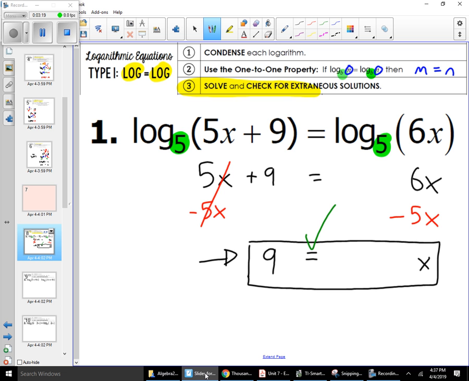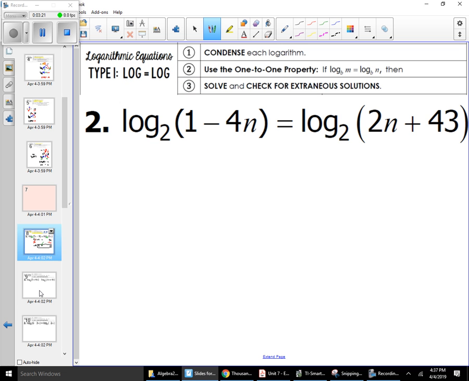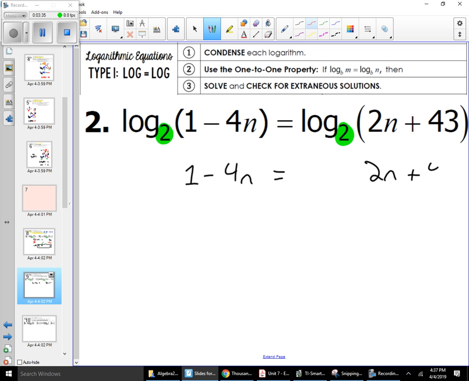Let's take a look at one with slightly more algebra. Looking at number 2 here. Note that I have a log base 2 on both sides, so I'm good to use our one-to-one property. This is another pick on the little guy problem because I have variables on both sides. So negative 4 is my little guy. I can add 4 to both sides to get rid of it.